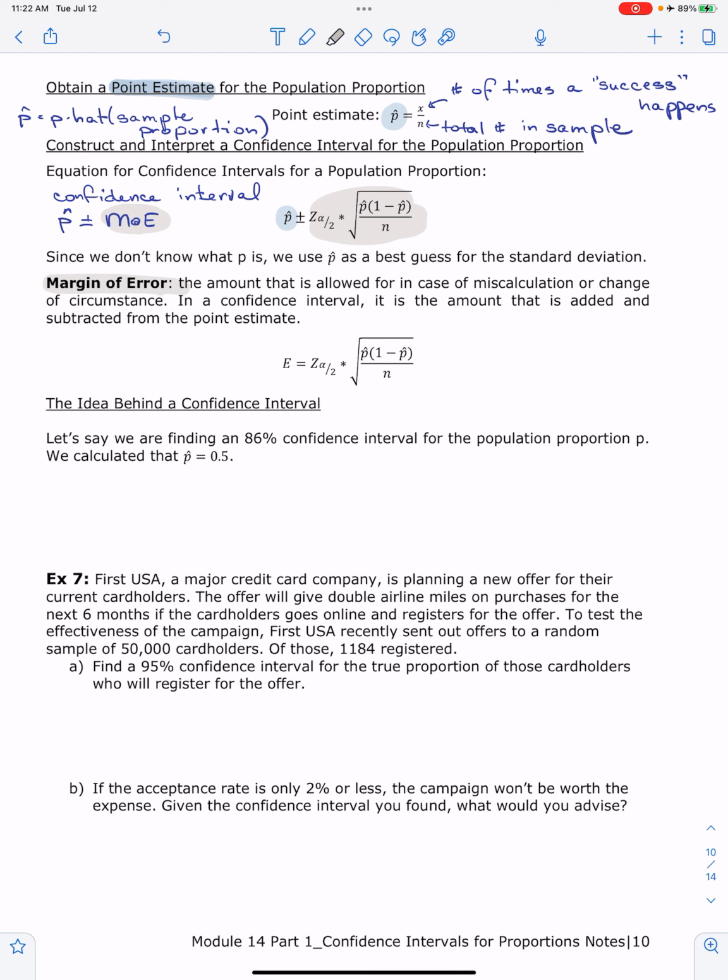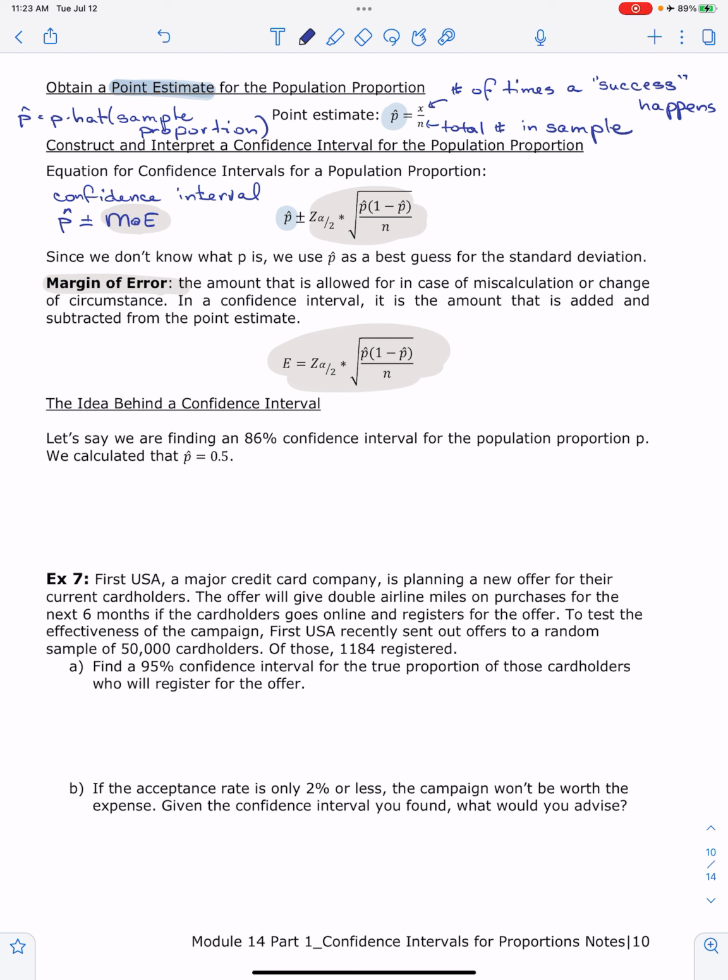So again, our margin of error is kind of our buffer around our point estimate. So we can acknowledge the fact that our point estimate came from a sample, and it may not be exactly like the population. Now, margin of error, sometimes E, right down here. Same one we have above.